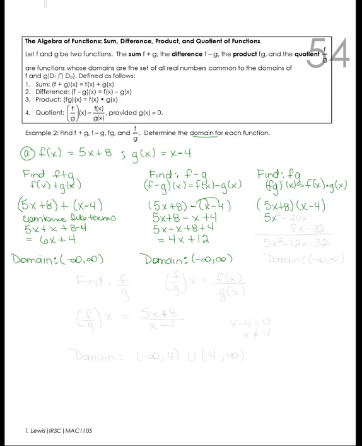We have 5x squared minus 20x, and then we're going to take the 8 and distribute twice. We have 8x minus 32. Adding your like terms, we have here 5x squared minus 12x minus 32.